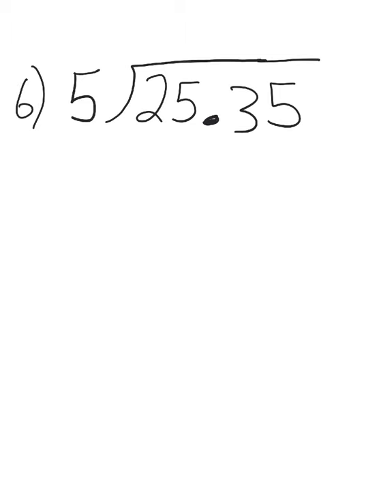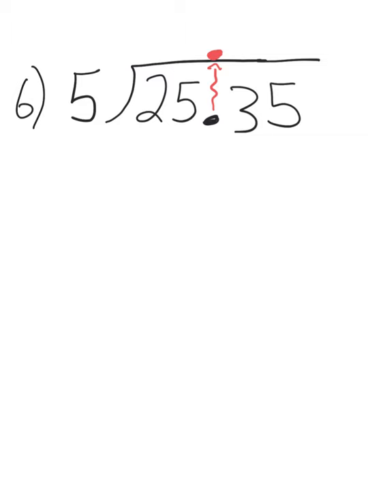We're going to keep doing the same thing. We're going to take that decimal point, boom, move it straight up there. And once we do that, we're going to just divide like we typically do. Can I do 2 divided by 5? Nope. Can I do 25 divided by 5?